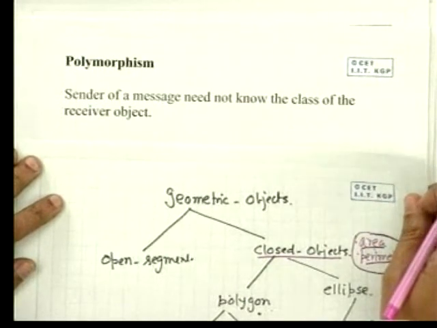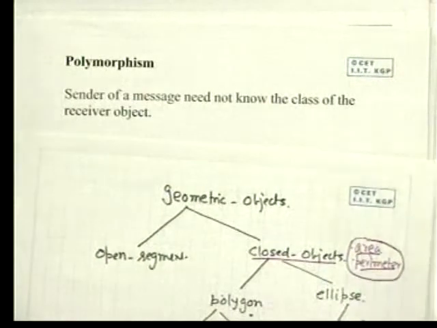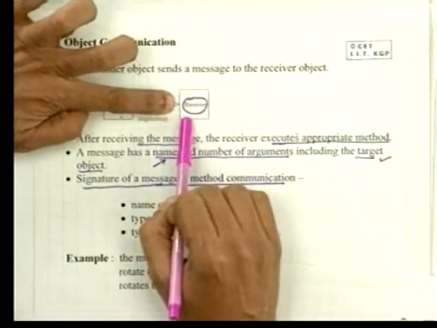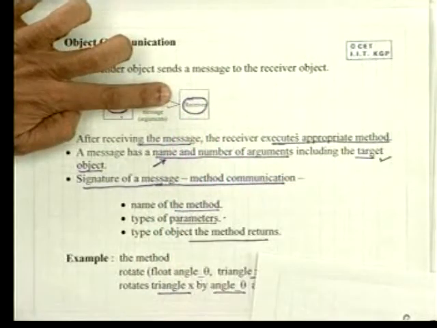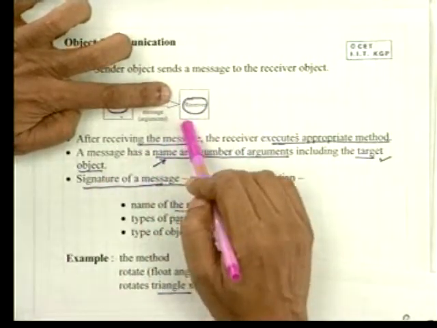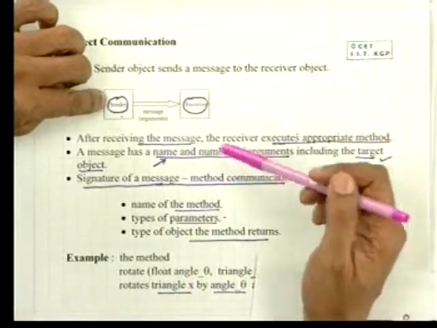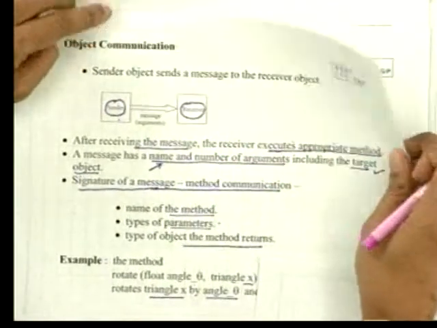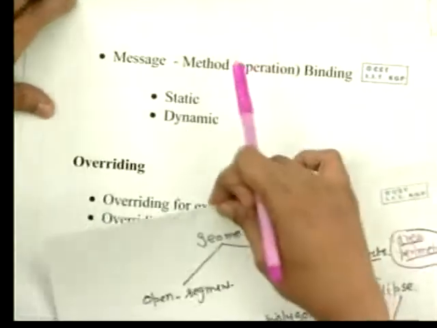That is, what method the receiver object executes as a consequence of the message being sent is left to the receiver object itself. So, when the receiver object receives the message, it decides among the different possibilities which one to be used, and depending upon that it can be done either statically or dynamically. And so, we have the concept of static or dynamic binding of message and method.